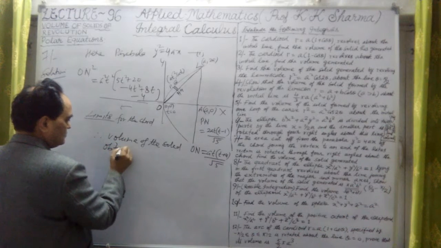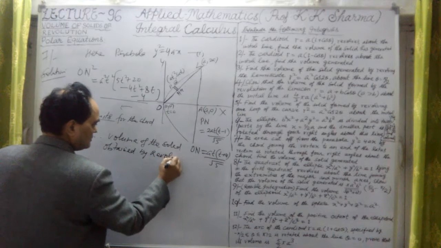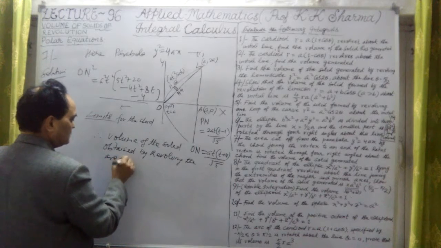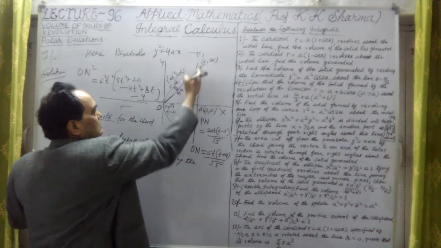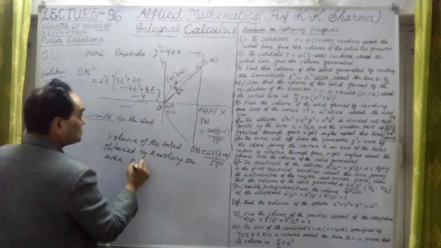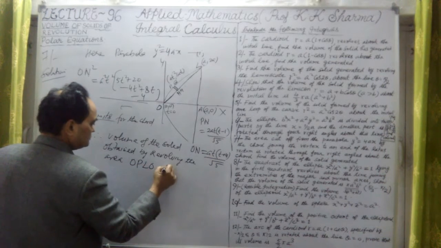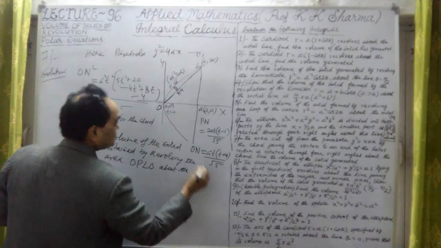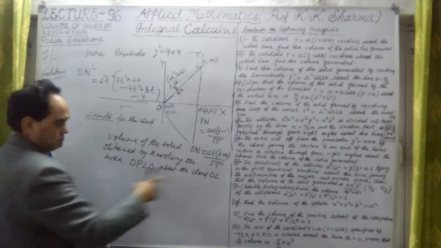obtained or generated by revolving the area OPLO about the chord OL. This we have to find out.